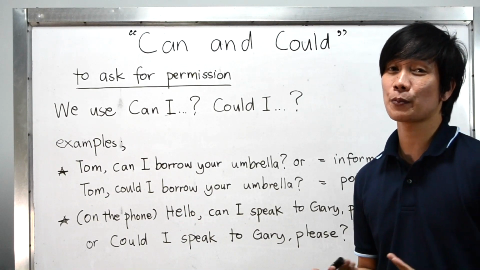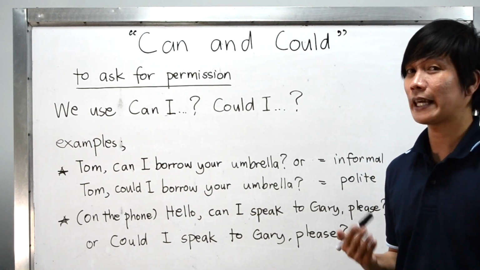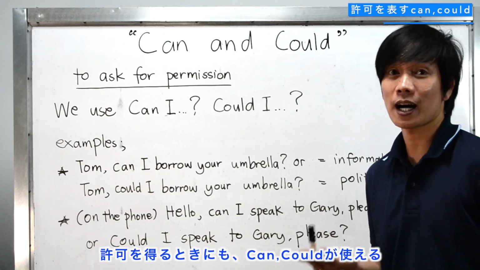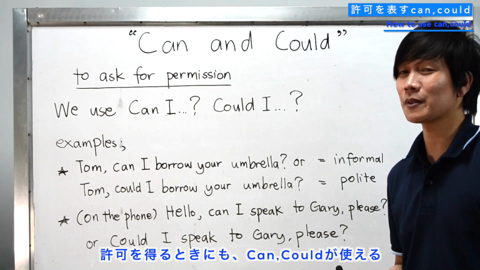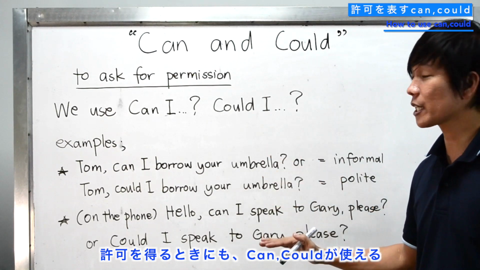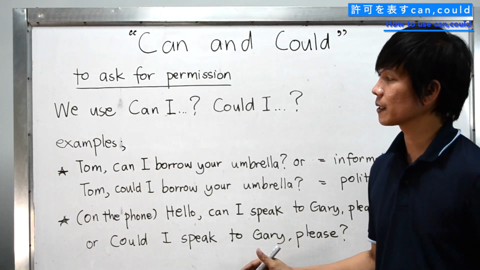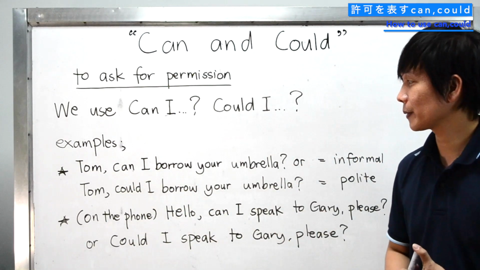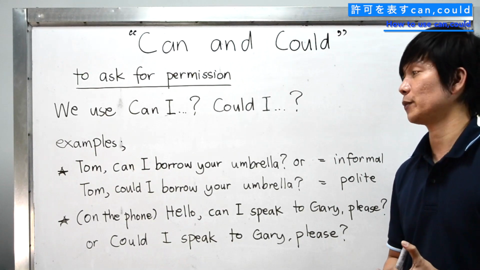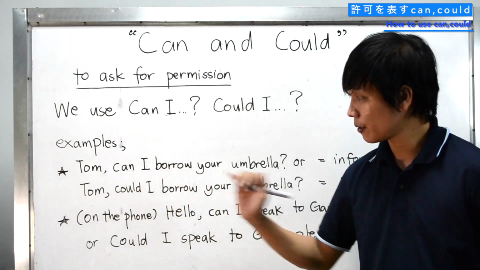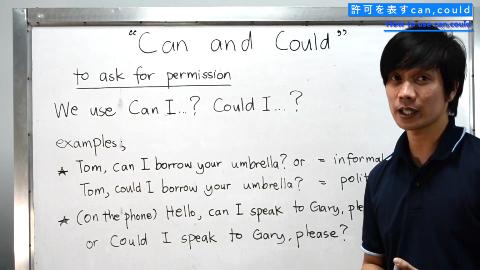So to ask for permission, we say, can I? Or could I? Is it okay to do something? So I have here examples. First one, Tom, can I borrow your umbrella? Or you can also say, Tom, could I borrow your umbrella?